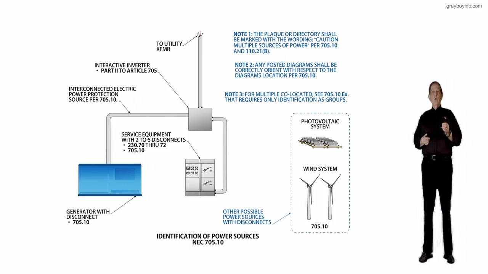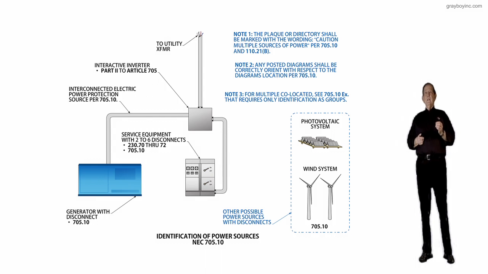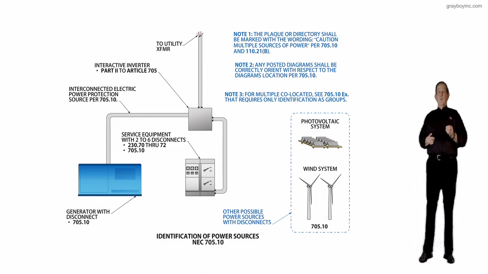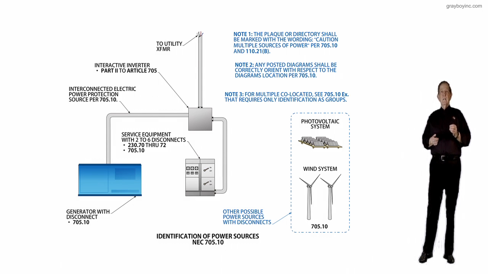To classify the loads that a generator supplies, remember, go to 700.2, 701.2, and 702.2. We only use Article 705 when we're interconnecting with the utility at our transfer switch.